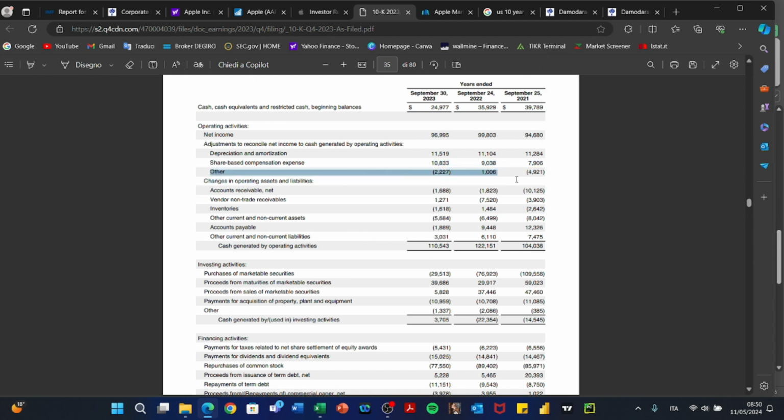And here we have something like other, but I decided not to include this in our model because its trend over the past years is quite unsteady and unclear. So I decided to exclude this item from our model because I think that it is maybe non-recurring.